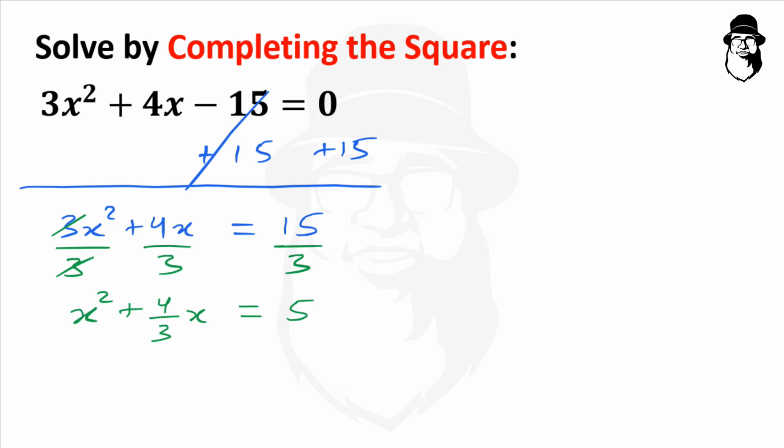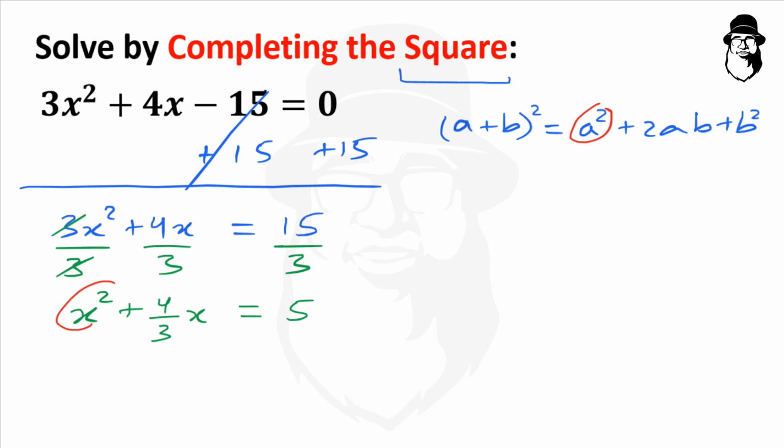Now, completing the square means we have to make the left side equal to the square of something. And we'll be using the identity a plus b whole squared is equal to a squared plus 2ab plus b squared. Now, we have a squared here, that is x squared. It means our a is x, right?